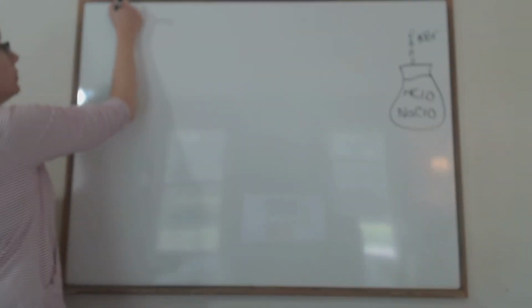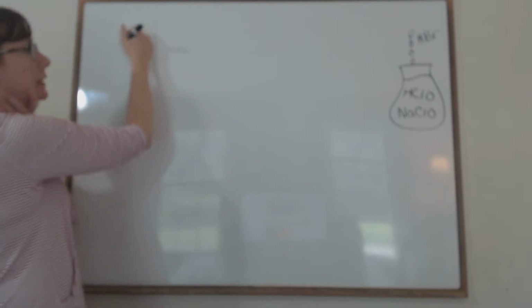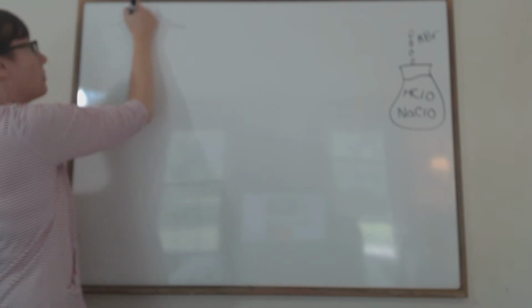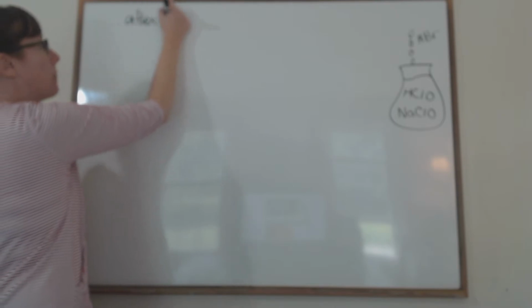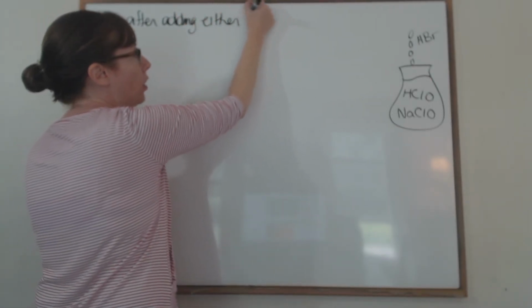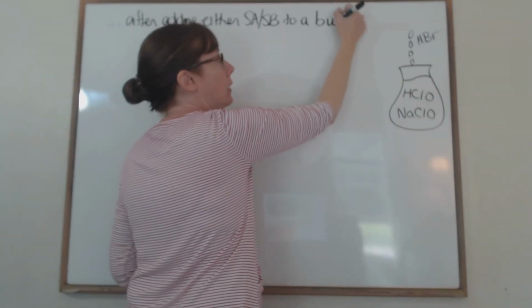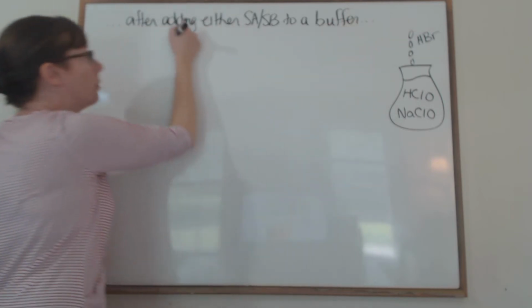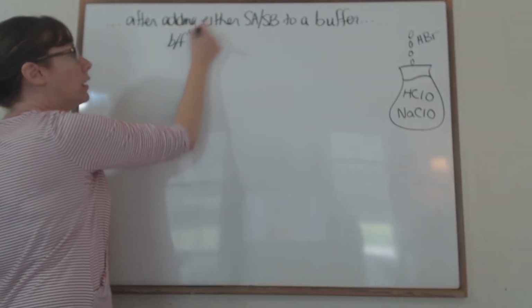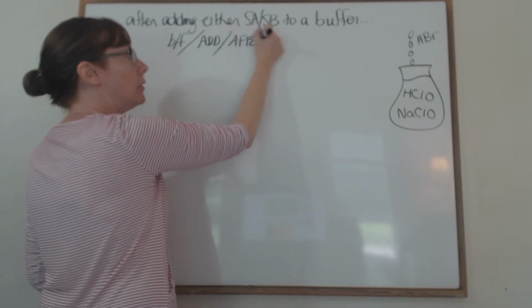What you have to learn is a new type of table. After adding either a strong acid or strong base to a buffer, you need what's called a before addition after table.